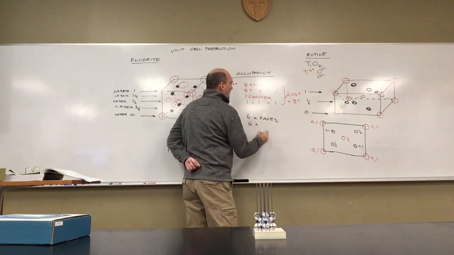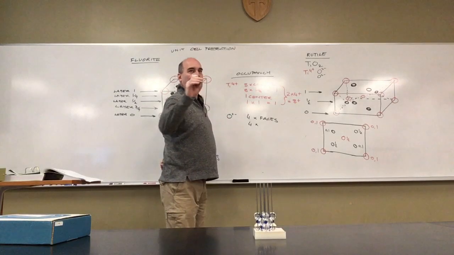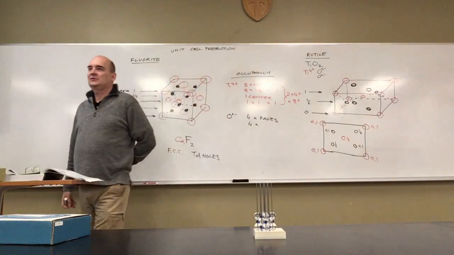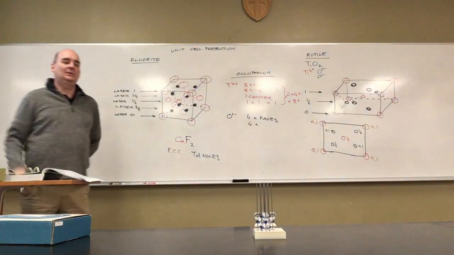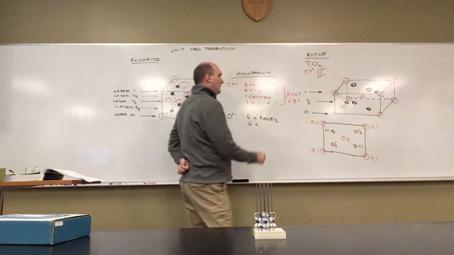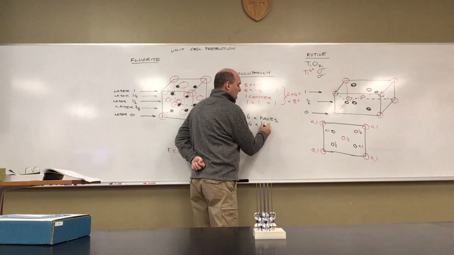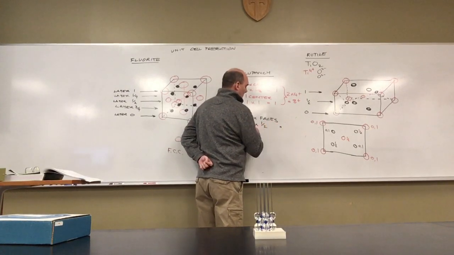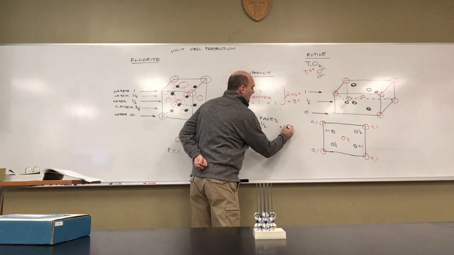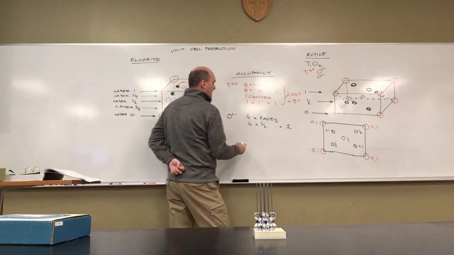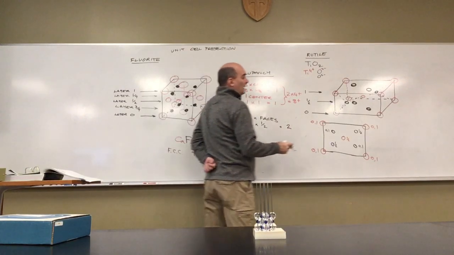And how much of the sphere of the ion for each of those oxides is actually inside the unit cell? If you're a face, 4 halves equals 2.